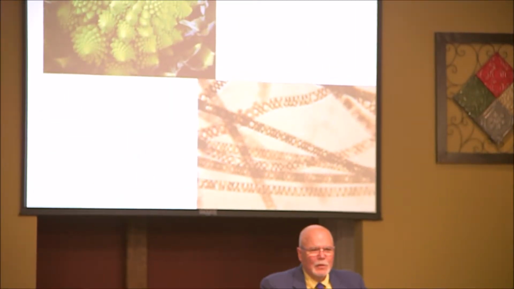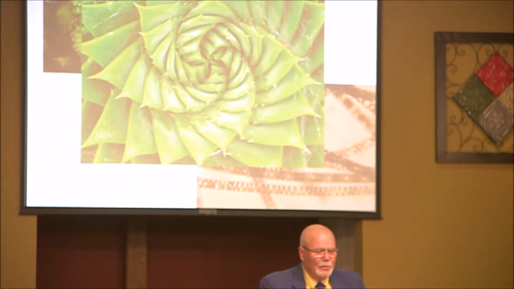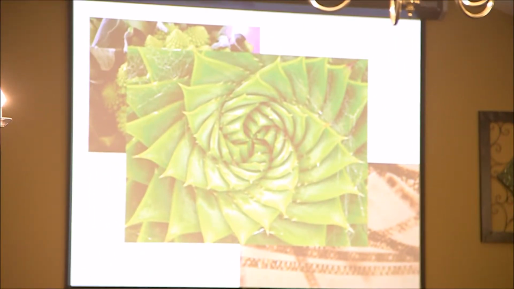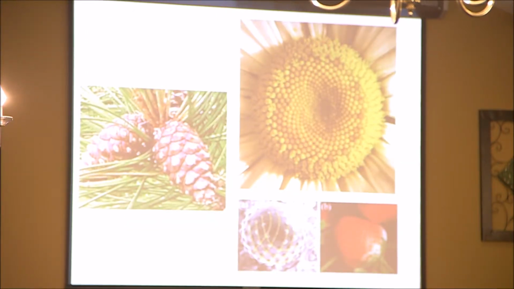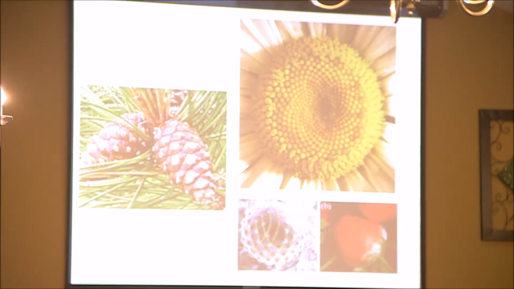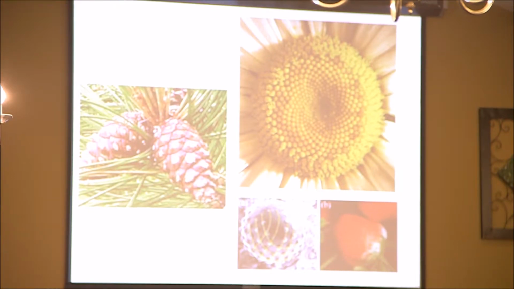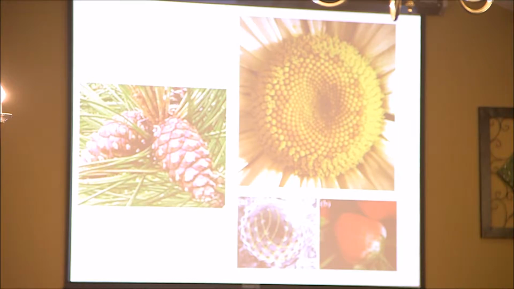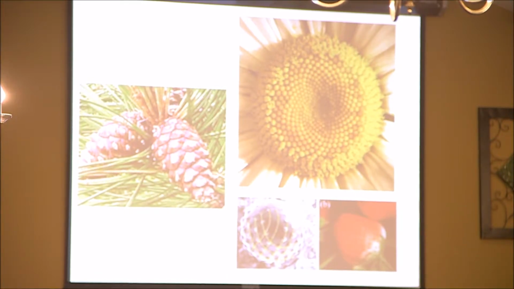All its internal organisms and structures are in spirals. The agave cactus is in a spiral. How about some more? The sunflower head, and you can go from left to right or right to left, center in, center out. I don't care. They're all in spirals, and they all fit, and you don't get lost.